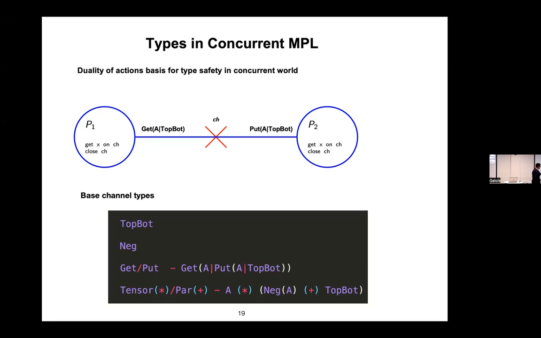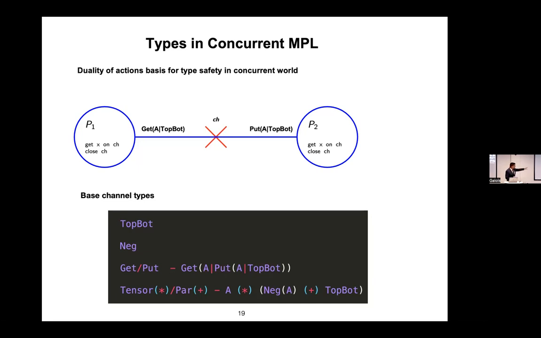So we saw the get put type constructor, we saw the top bot type constructor. In addition to that, we have 3 other type constructors: neg, tensor, and power. We'll look at them as we go further in the talk. But one thing that we have seen in normal functional languages is using basic types, we can define user-defined types or data types.